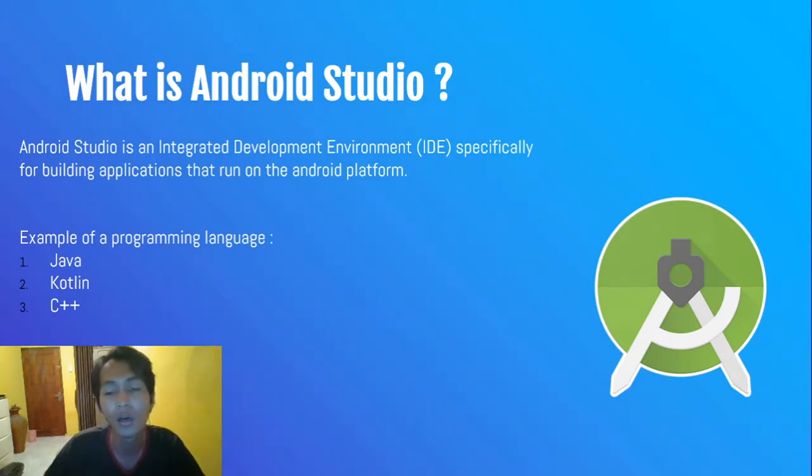For my application, it is used to build the code. Examples of programming languages are Java, Kotlin, and C++. For my application, I use two programming languages, Java and Kotlin.